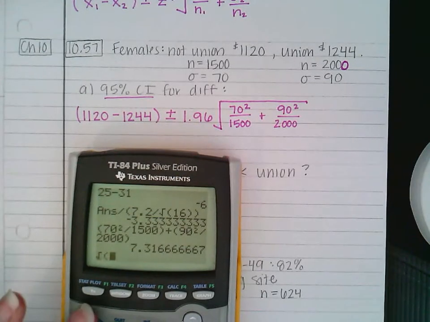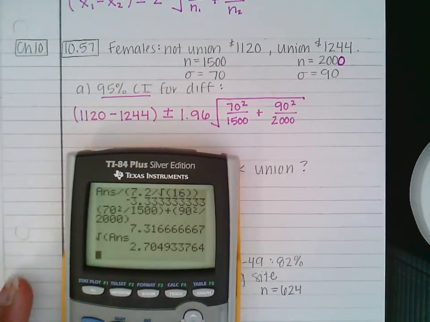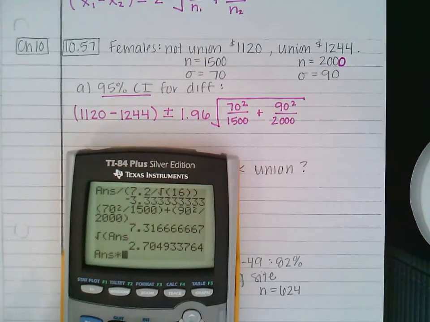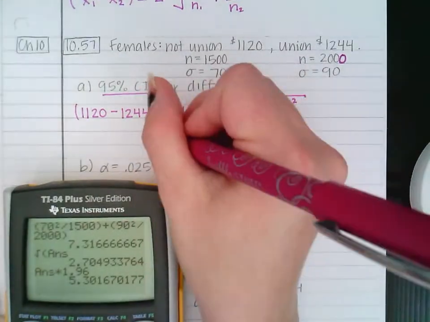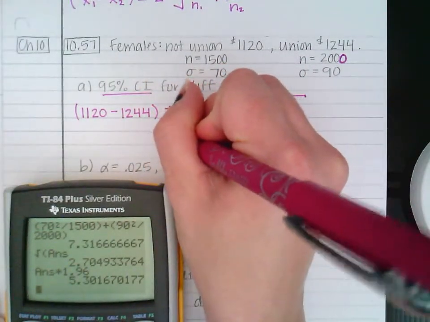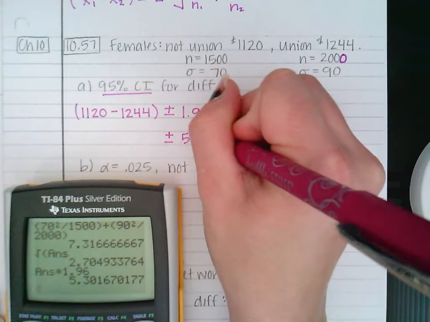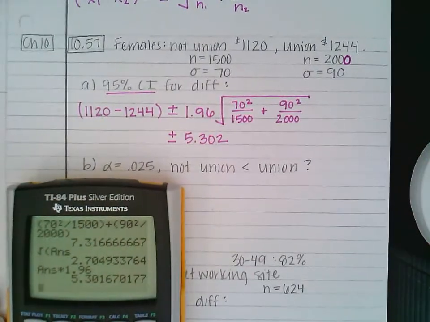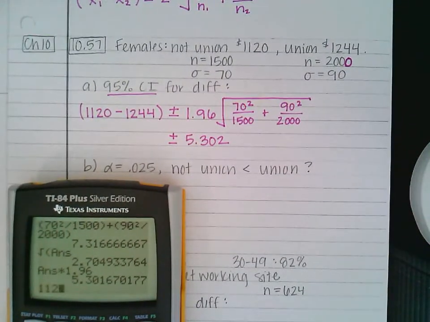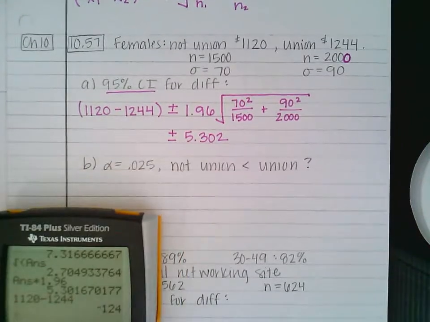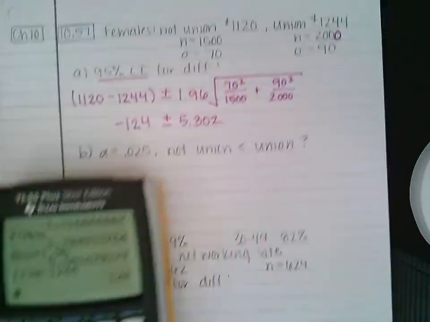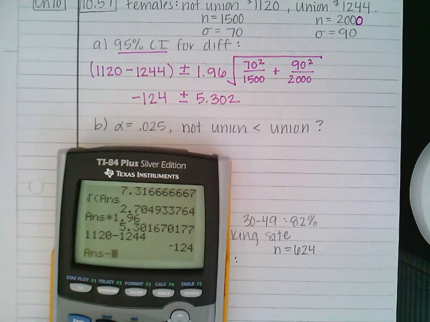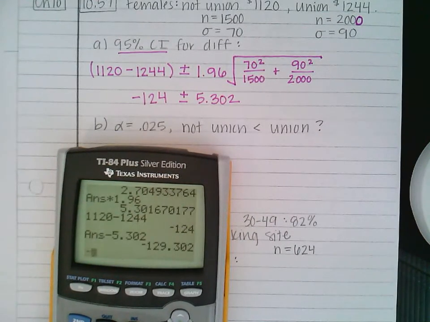Now I need to take the square root of that, and then multiply by 1.96. So my error piece is 5.302, and my point estimate of the difference is negative 121, plus or minus this value here. So I'm going to subtract it first, and then add it.